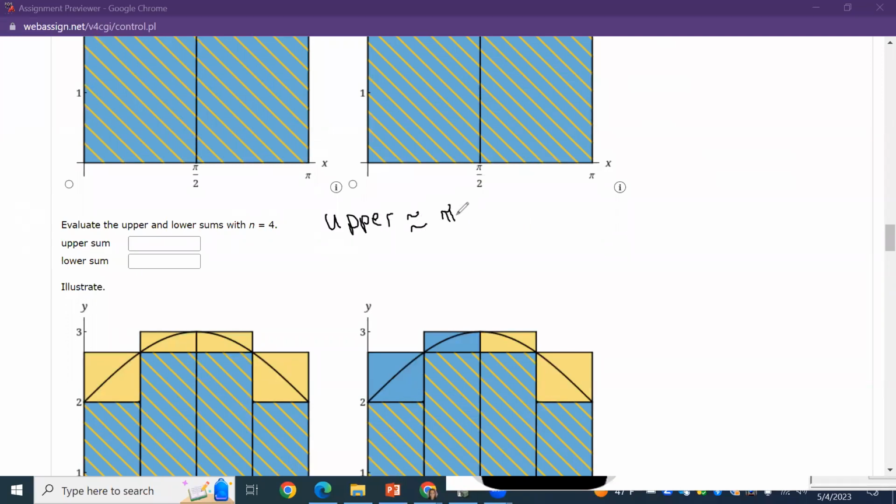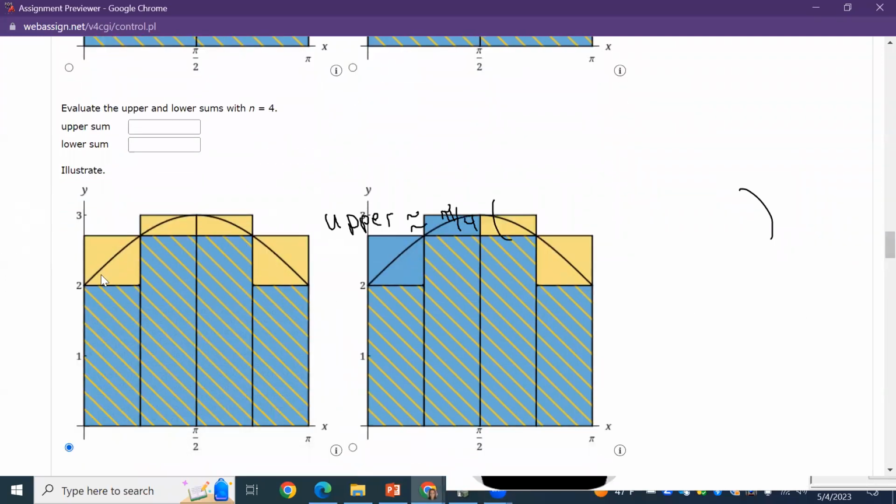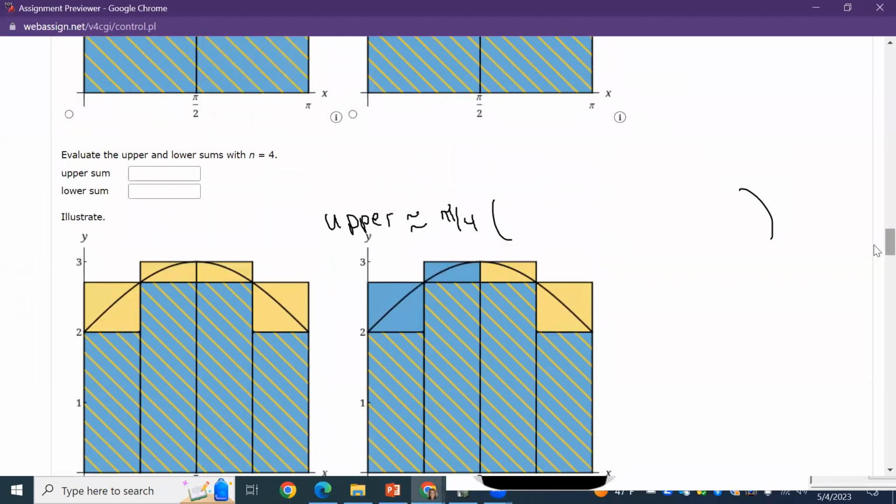It would be pi over 4 times, and now again, we're totally abandoning left and right endpoints. We're just looking at which ones would give us the higher values. So for my first section from 0 to pi over 4, it would be using the higher side of f of pi over 4. So I'm going to just say f of pi over 4, which I think is going to be a little radical answer. So that's fine. We'll just leave that there with an irrational number as f of pi over 4.